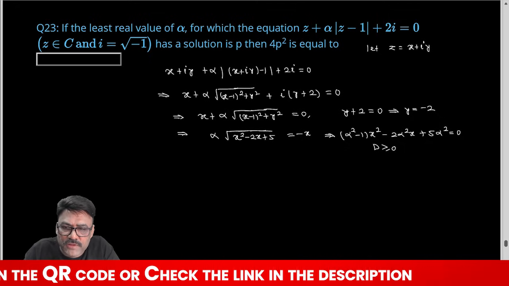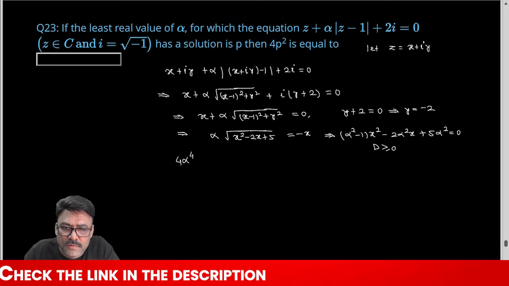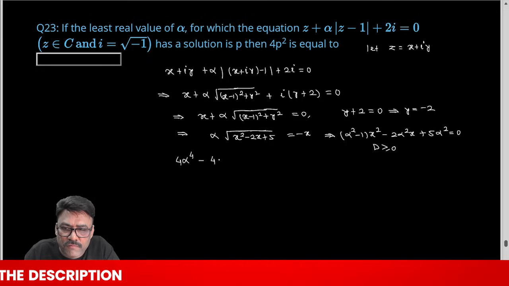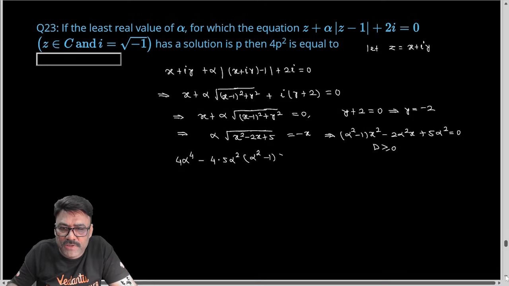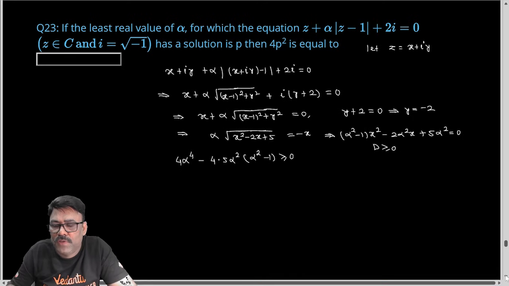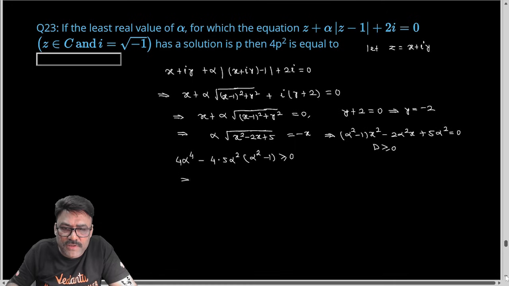So what will be the discriminant here? 4 alpha to the 4 minus 4 into 5 alpha square into (alpha square minus 1). It should be greater than or equal to 0. So ultimately 4 alpha square can be taken common.